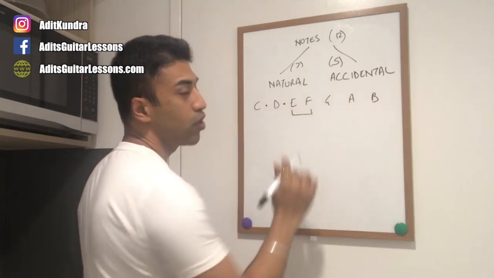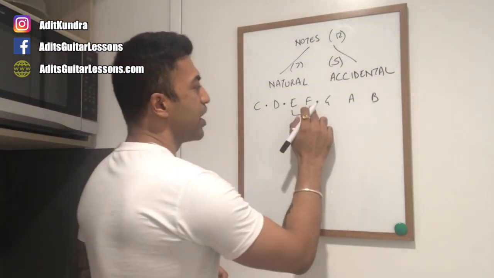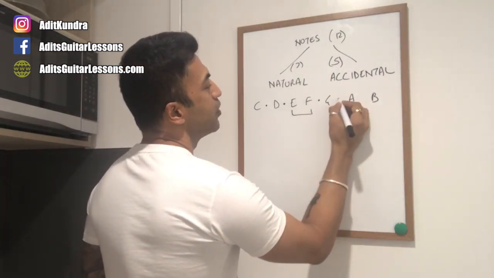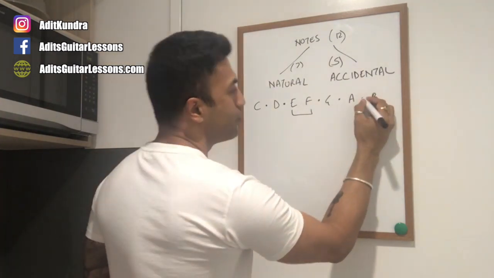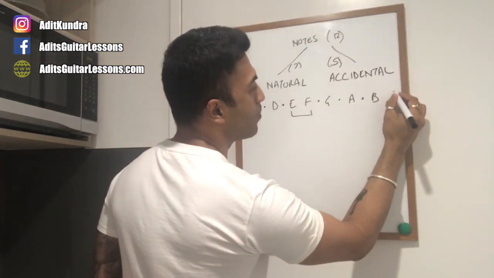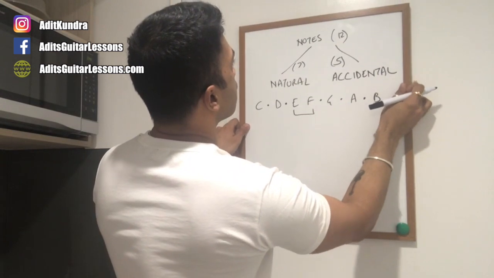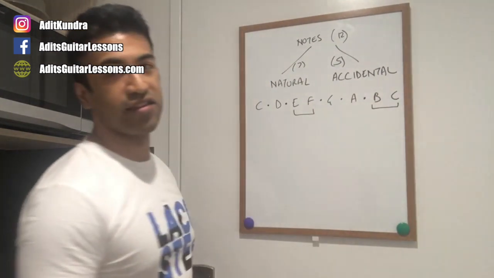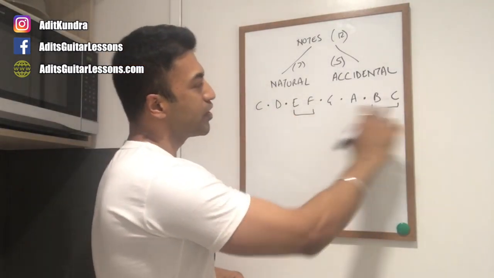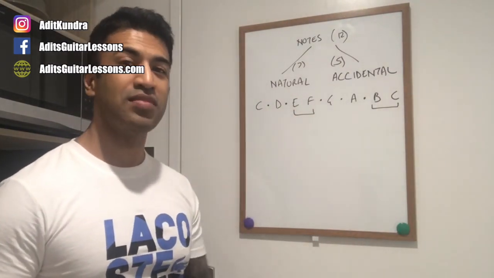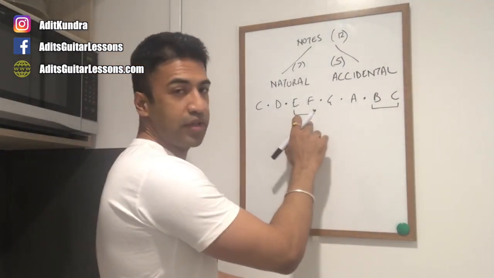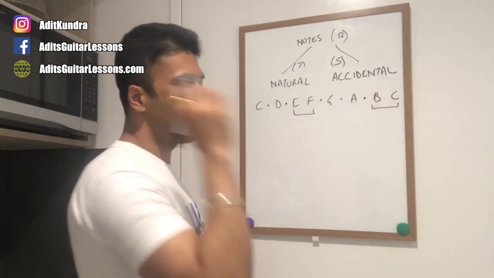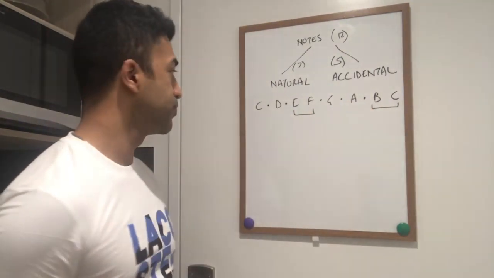E and F do not have any accidental between them. F and G have an accidental. G and A have an accidental, and A and B have an accidental. And of course, after B comes C, and there is no accidental between a B and a C, right? So all the natural notes have an accidental between them except E-F and B-C. So these are 2 pairs which do not have an accidental.